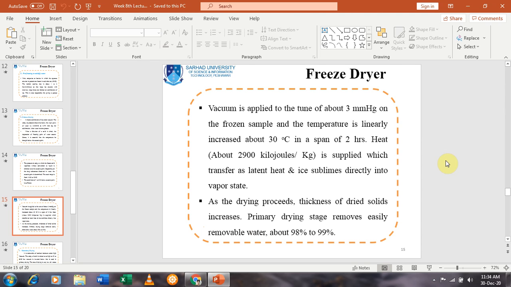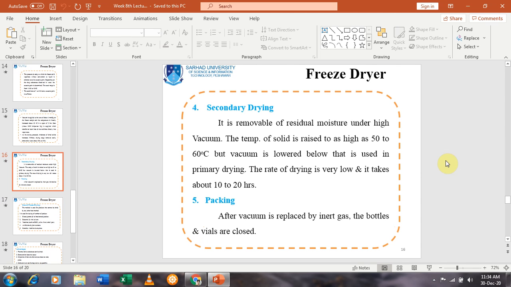We discussed that the easily removable water is removed by primary drying, and about 98 to 99% of the product is dried. The material is further subjected to the secondary drying step in order to remove the residual moisture under high vacuum.